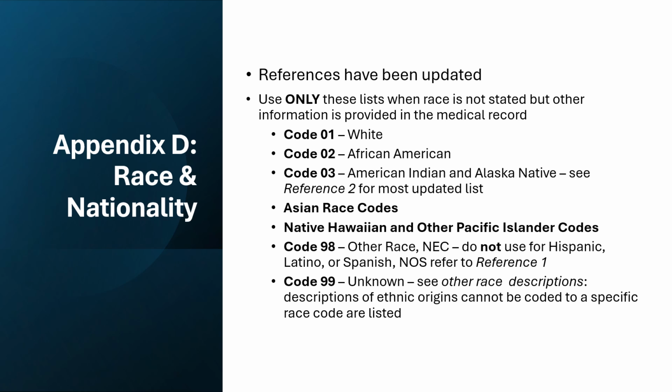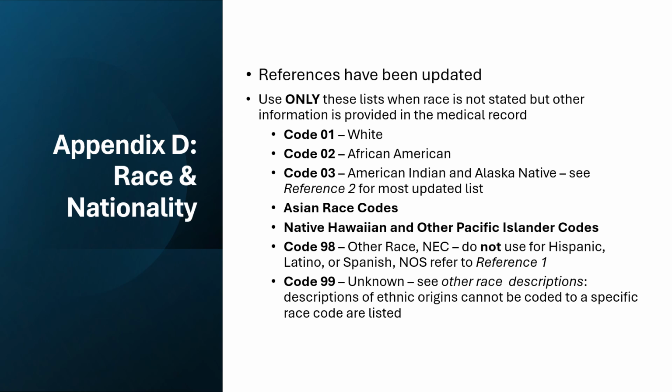You want to only use these lists when race is not stated, but you have other information provided in your medical record. So code 03 for American Indian and Alaska Native, we are told to see reference 2 for the most updated list. For code 98, other race not elsewhere classified, it tells us do not use for Hispanic, Latino, or Spanish NOS.